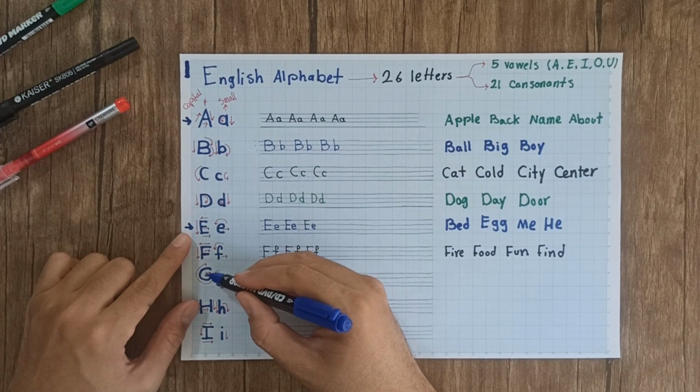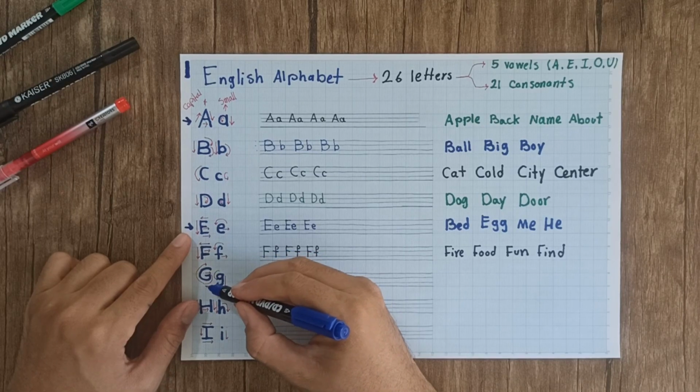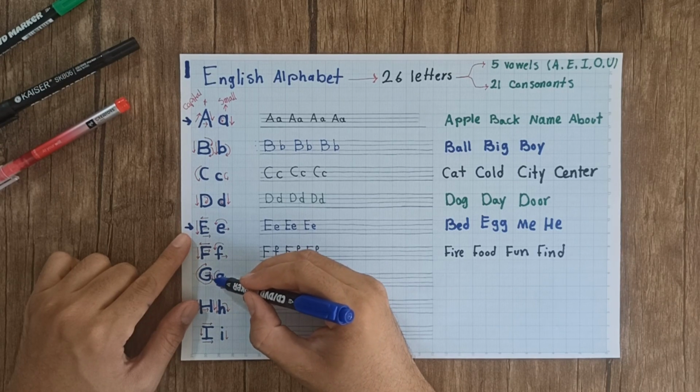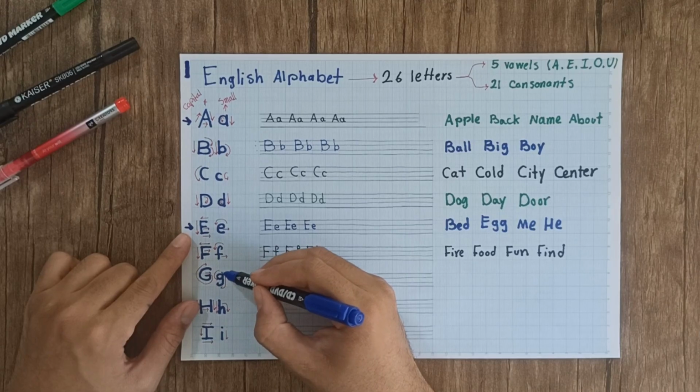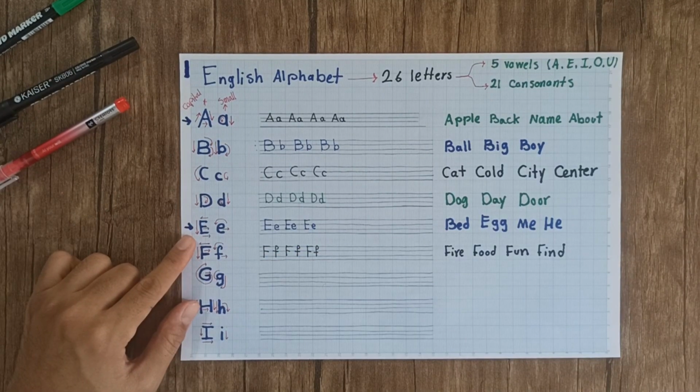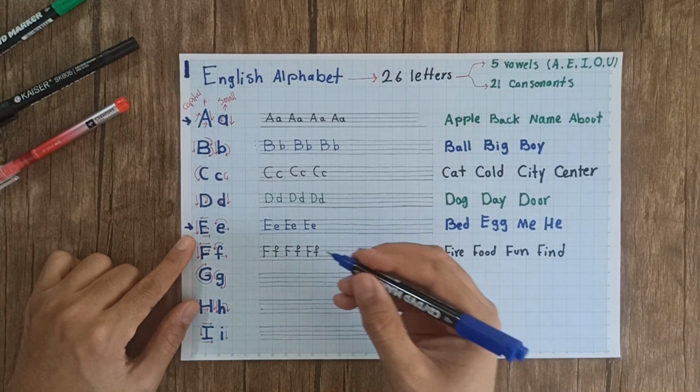We start from this horizontal line and continue, and that's for the capital letter G. It sounds like G. And for the small one, G, it's really easy. If I want to write it, you have to do it this way.